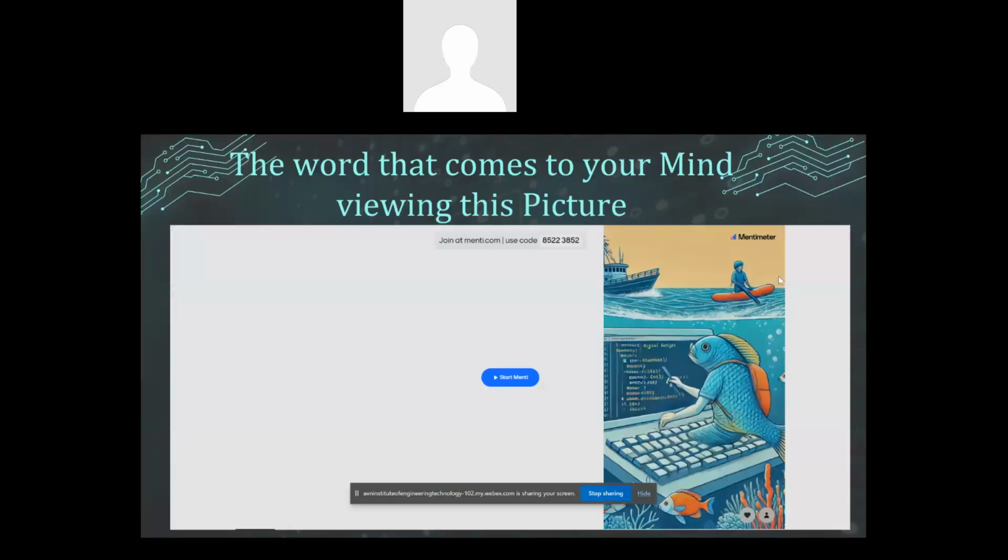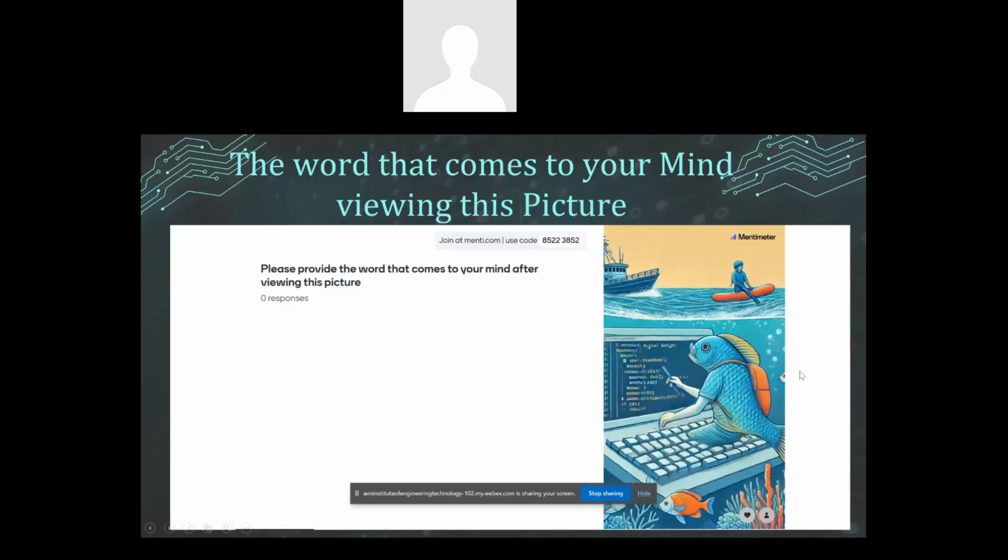Please see your Menti. You can see this picture, and then type the word that comes to your mind. Actually, this picture is generated by AI based on our inputs. After seeing this picture, just type a word.